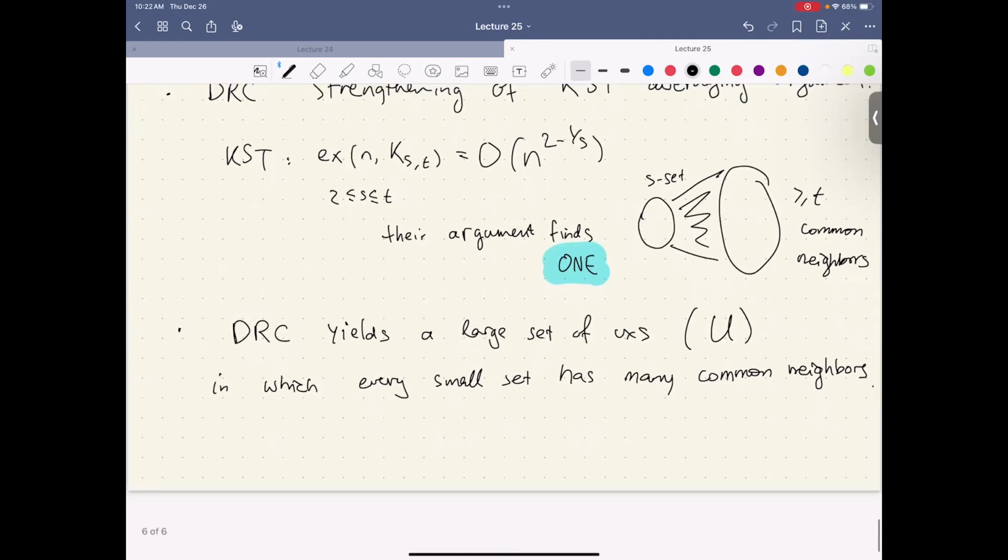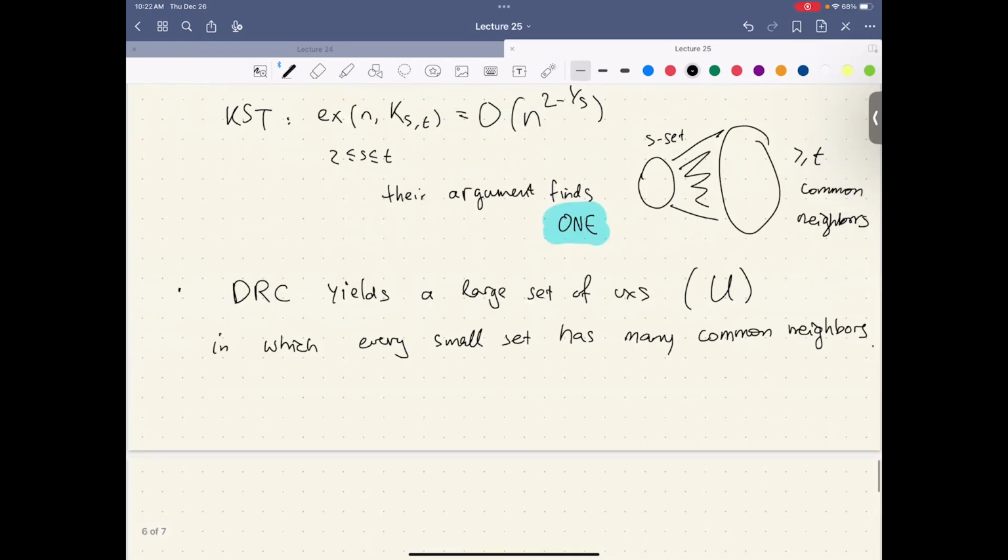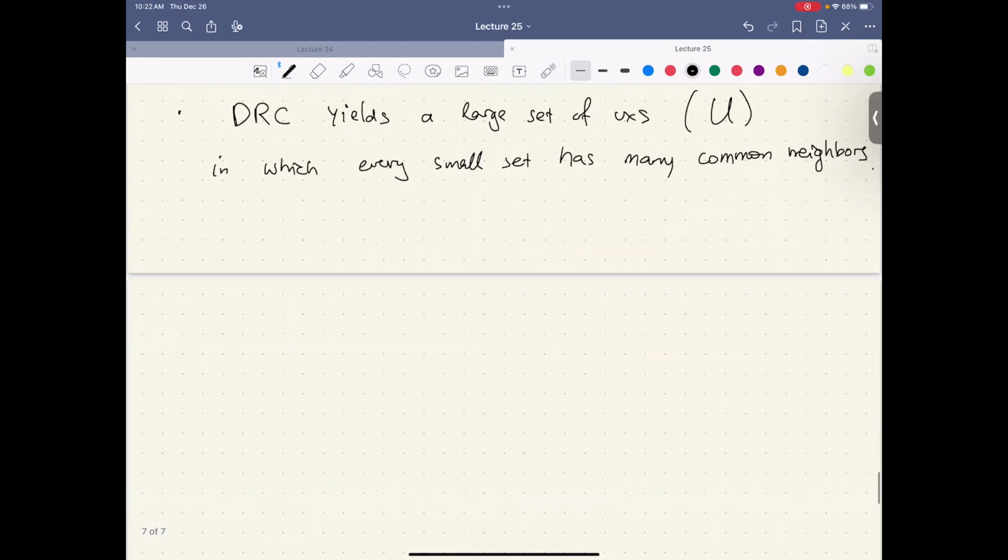Here's the lemma. This is the most basic form of dependent random choice lemma.